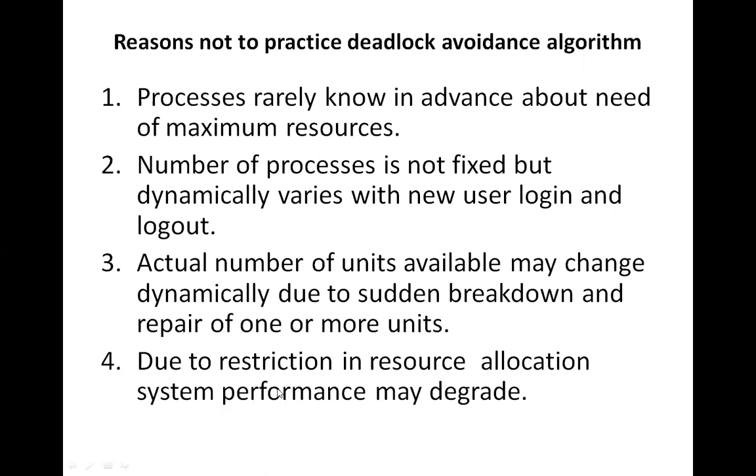And the fourth one is the restriction in resource allocation, because we allocate resources as per the requests of the processes. We are putting restrictions on it, so it is also possible that the performance of the system is degraded. So that is all about deadlock avoidance.